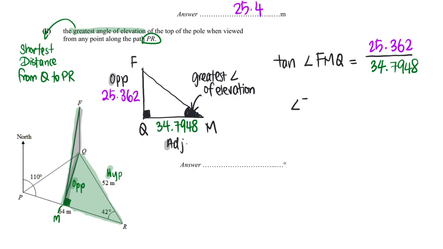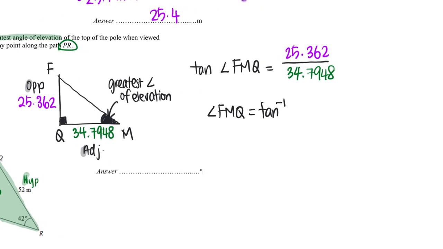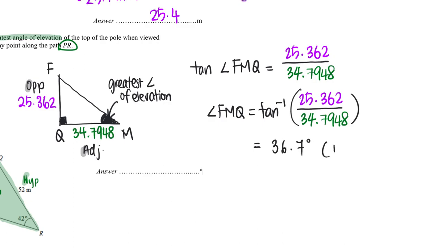So angle FMQ is therefore equal to the tangent inverse of this. So I'm going to put a bracket, and this will give me a value of, when rounded off to one decimal place, 36.7 degrees to one decimal place.